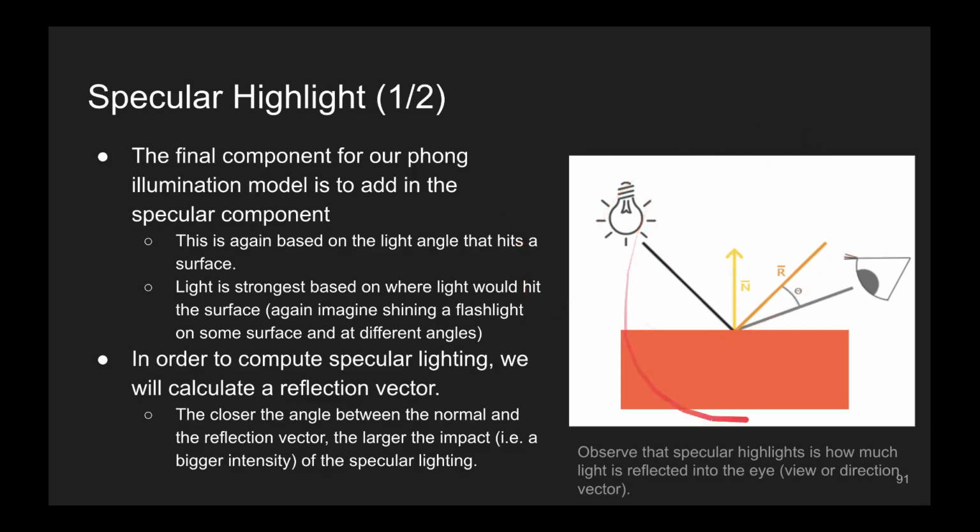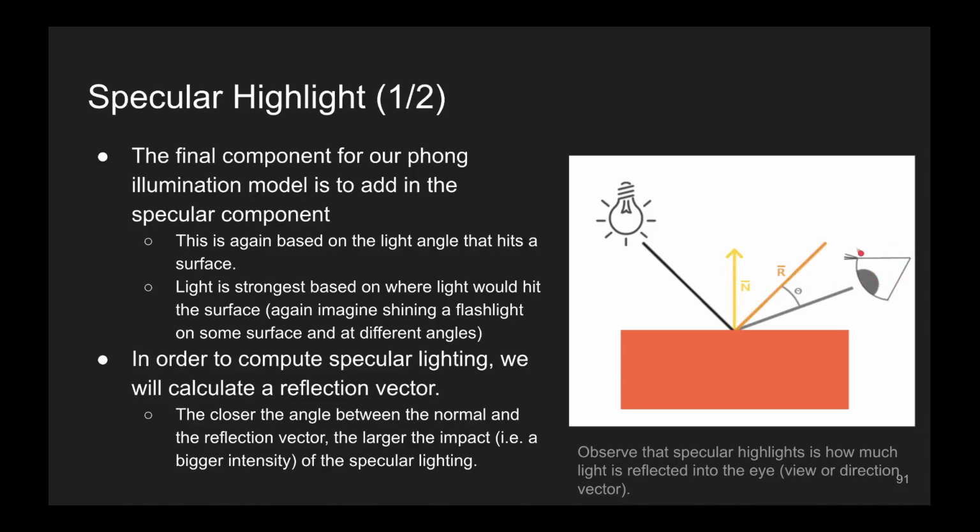So studying this picture, we have our light source, the normal, and then we're trying to figure out how much light hits back at your eye. The light source could be far away, it shines down on some surface, and then we reflect that vector, because we're trying to figure out how much light gets back to you.